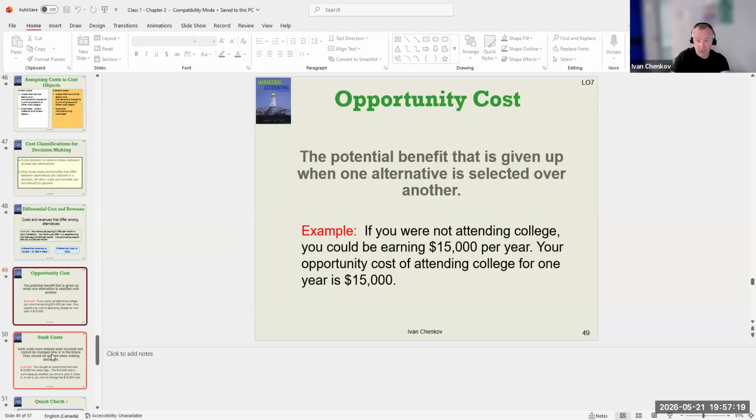That means when you get out of college, at least you should get $15,000 more in the first job that you get. The interesting thing with opportunity cost is that it's a cost you don't have to pay. Nobody pays opportunity cost, but you have to consider it.